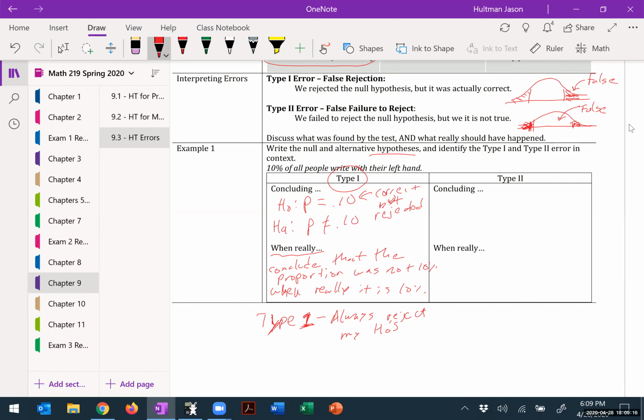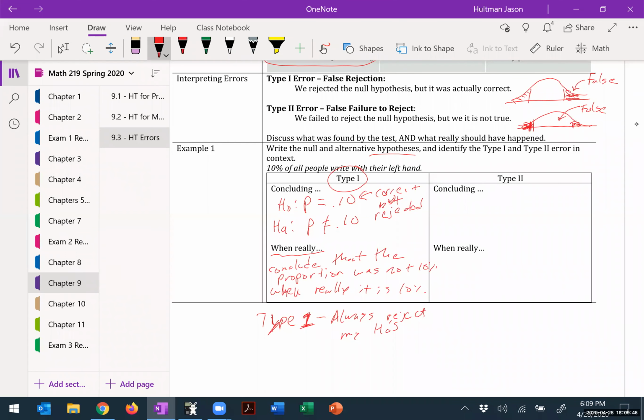If you're always rejecting your hoes, that leads you to a type 1 error, because you would falsely reject hoes that don't need to be rejected. Maybe they're a good hoe, I don't know. But type 1, I always reject my hoes, and therefore I'm going to end up with type 1 errors if I'm constantly rejecting them. Maybe they don't need to be rejected.